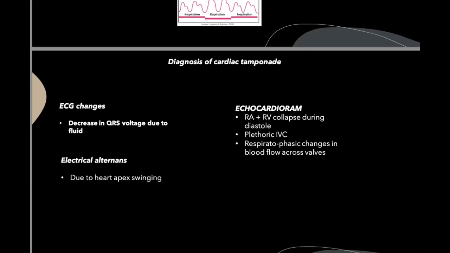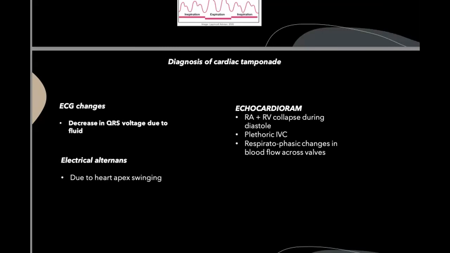We have electrical alternans, which means that we have the apex of the heart swinging, making it hard for the vector to detect those electrical impulses, and that's why we will have a lot of electrical alternans when we have cardiac tamponade.